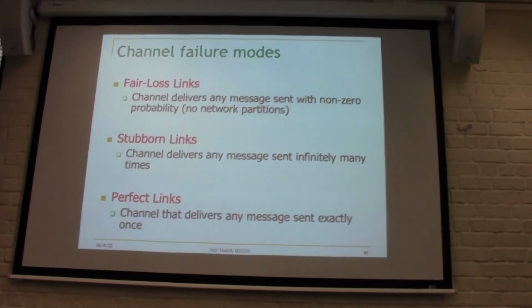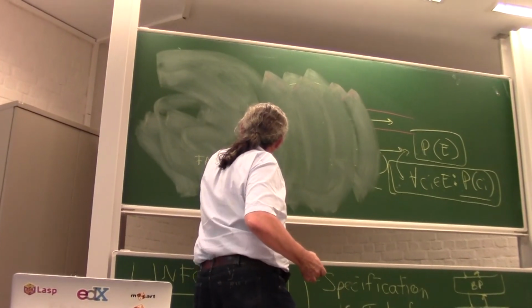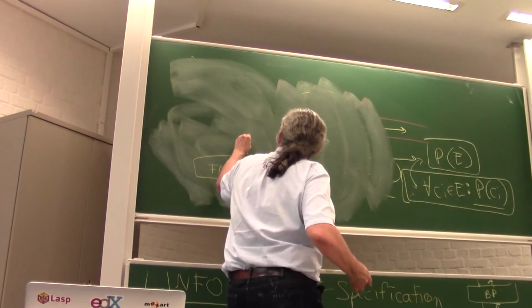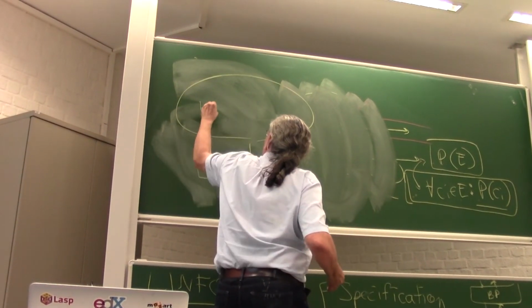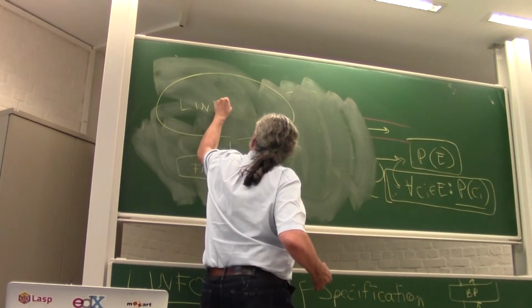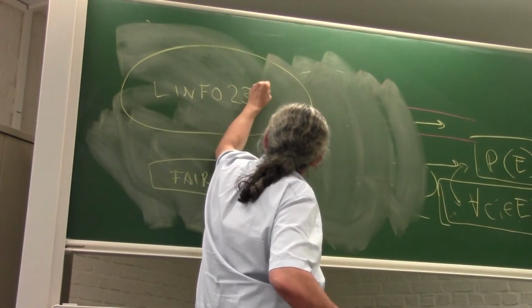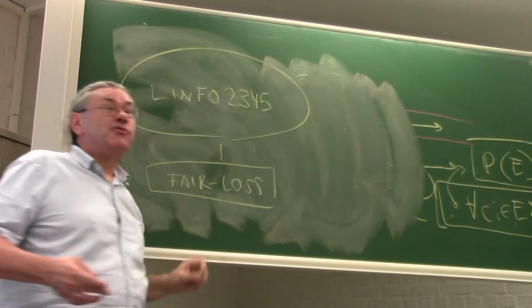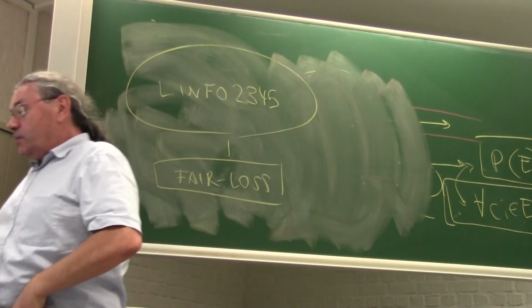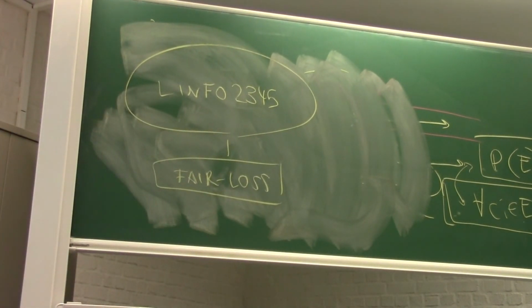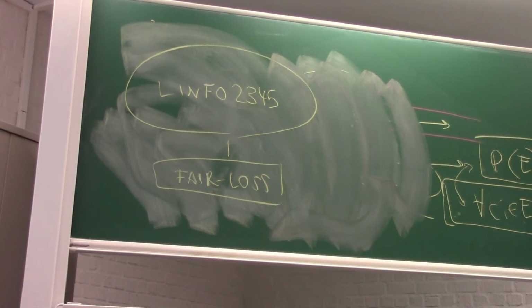So we have fair loss links here. The whole course is built on this foundation. It's interesting to know. That's the only thing I'm going to really assume from the network: that a message will be sent and will arrive with some probability, and that there's some chance it disappears.